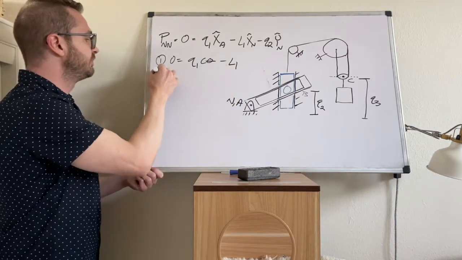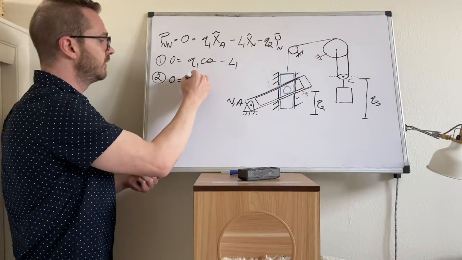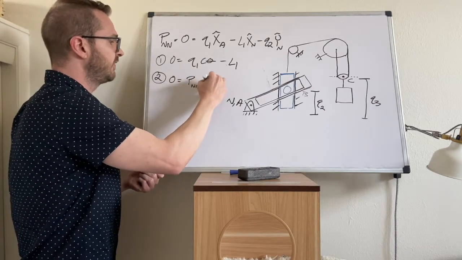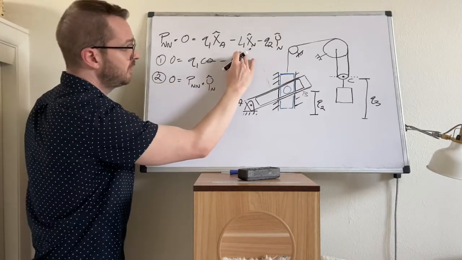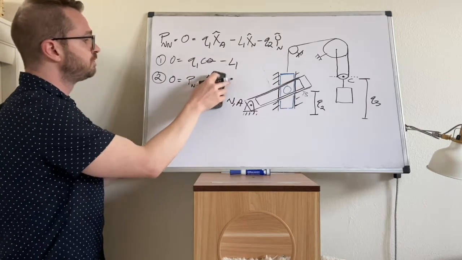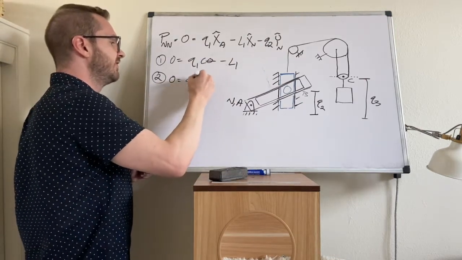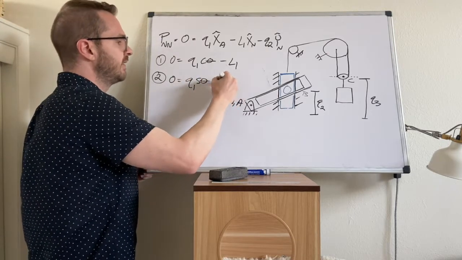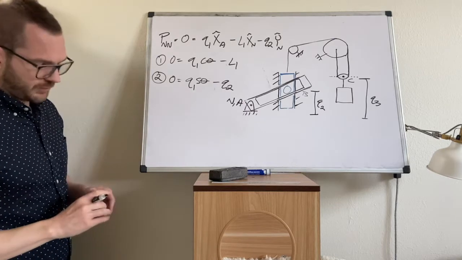Second equation, this is equal to 0. Of course, we're going to do Pn to n dot y hat n this time. This piece, this position vector that's in the xn, is going to go to 0. And we're left now with Q1 sine theta minus Q2. So these are our constraint equations.